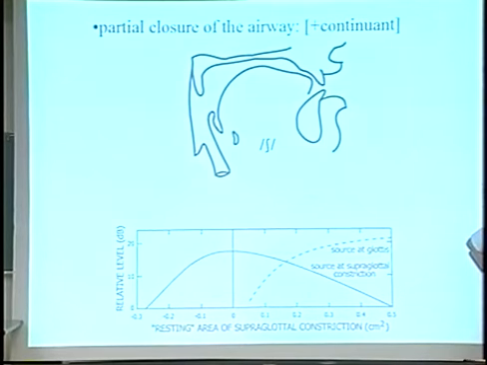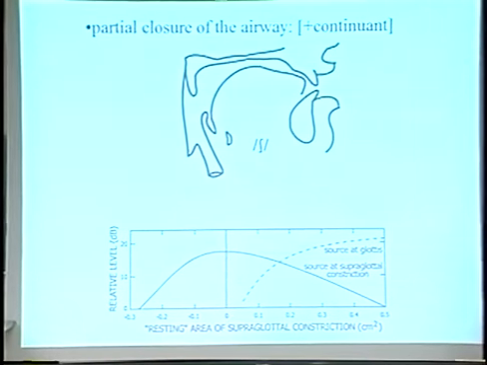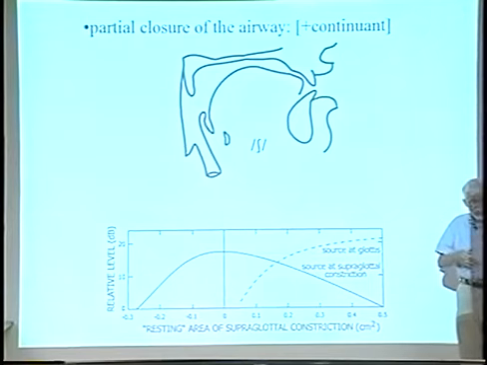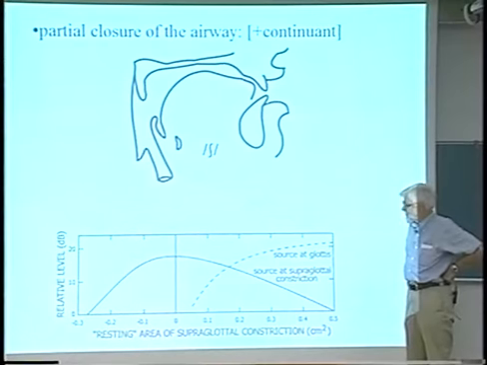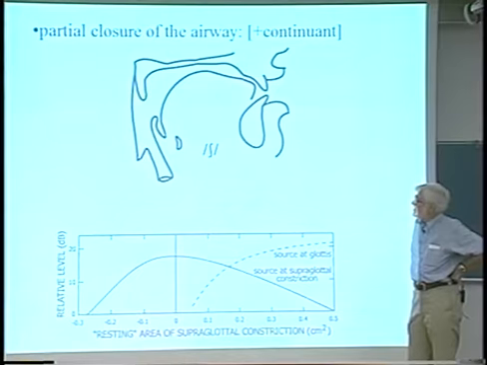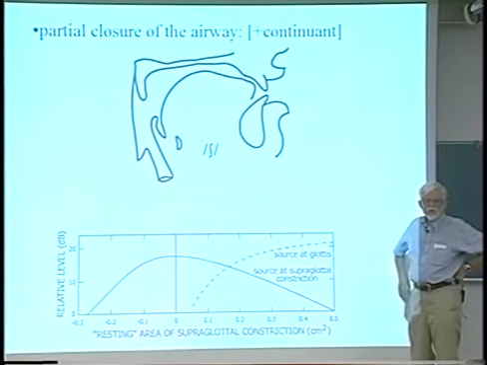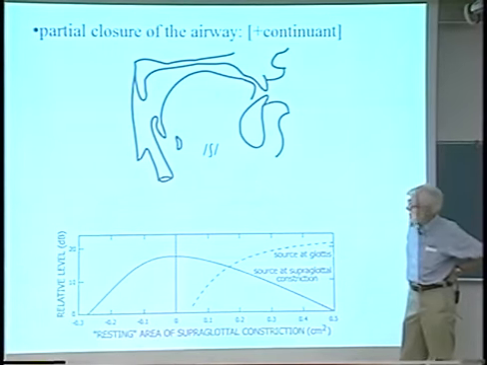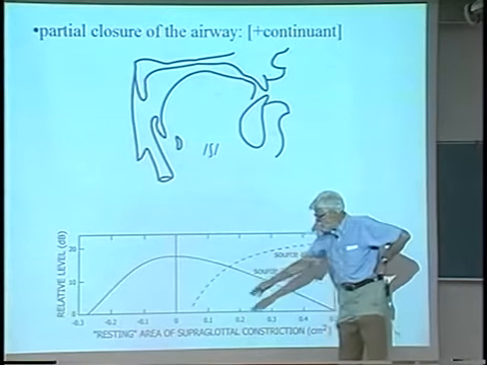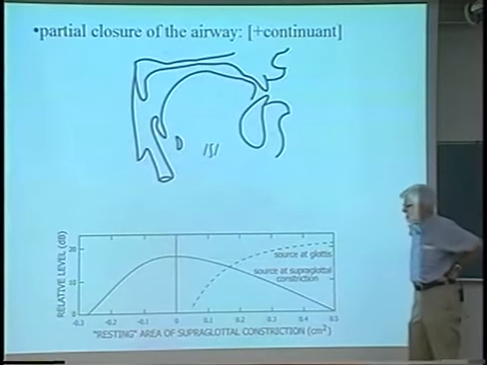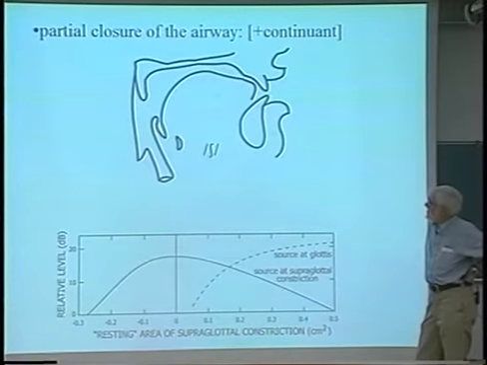So, for example, if you look at a fricative consonant, one of these we call obstruent consonants, where you make a narrow constriction in the vocal tract, and you change the size of this constriction, let's examine how the amplitude of the turbulence noise changes. Here we're plotting along the x-axis the area of the constriction, but not the actual area.